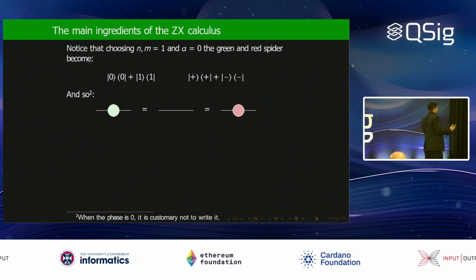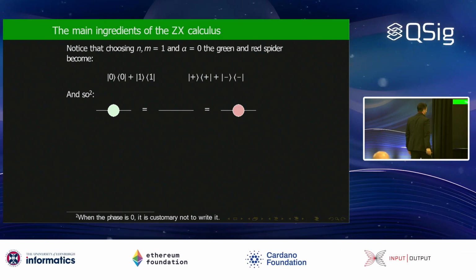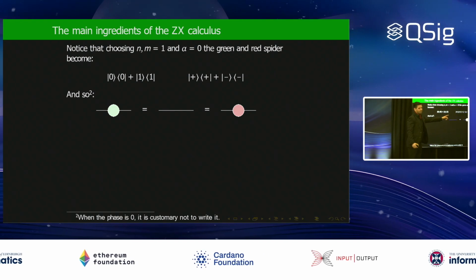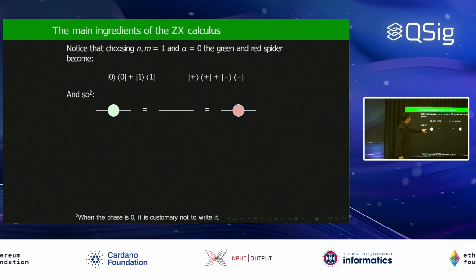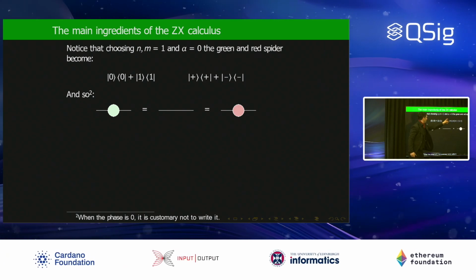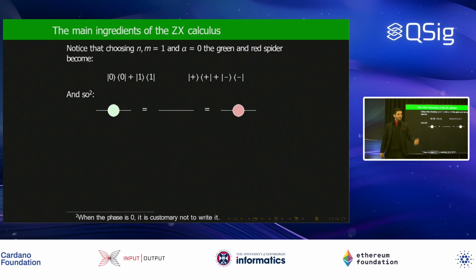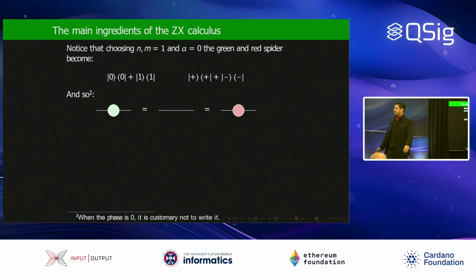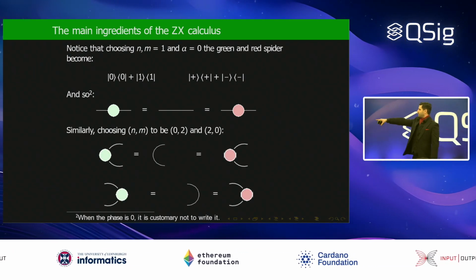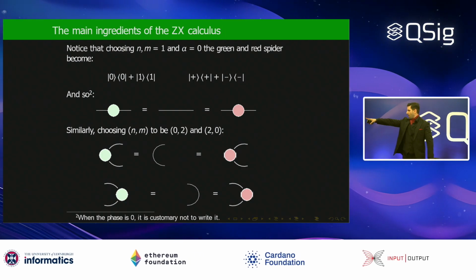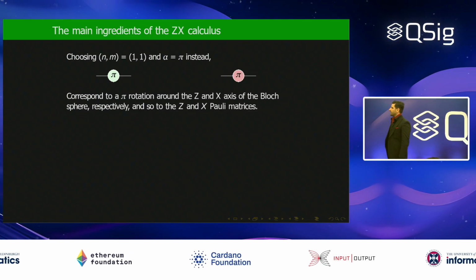First things first, we can specialize these spiders. If we take the ones with zero phase, when the phase is 0, we just don't draw it, with 2 legs, this guy is this guy is this. These are the identity functions expressed in their respective bases. Similarly, you can prove that these things become cups and caps when you have a 0 phase.